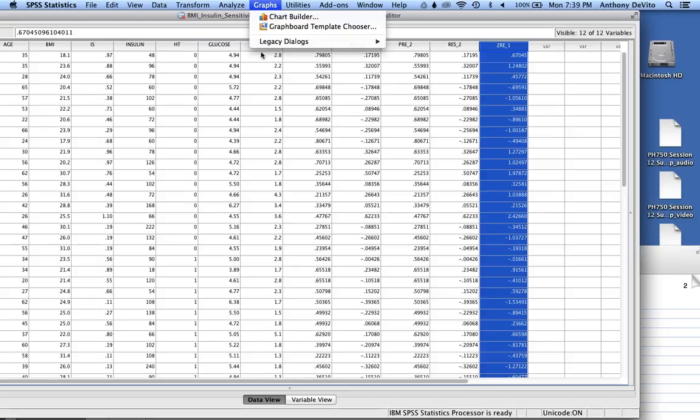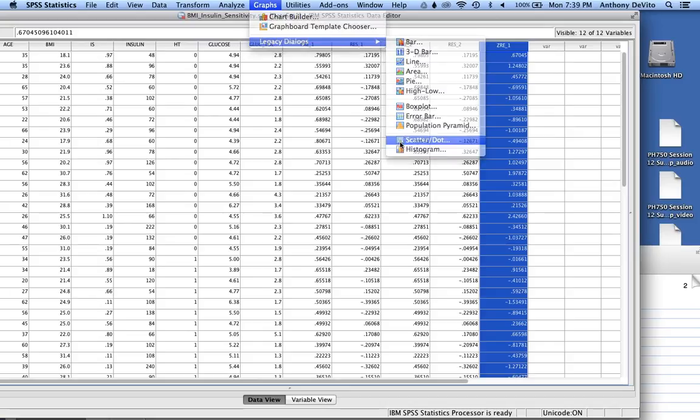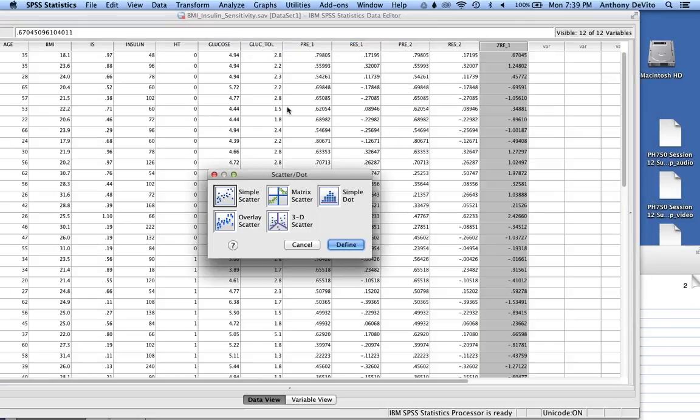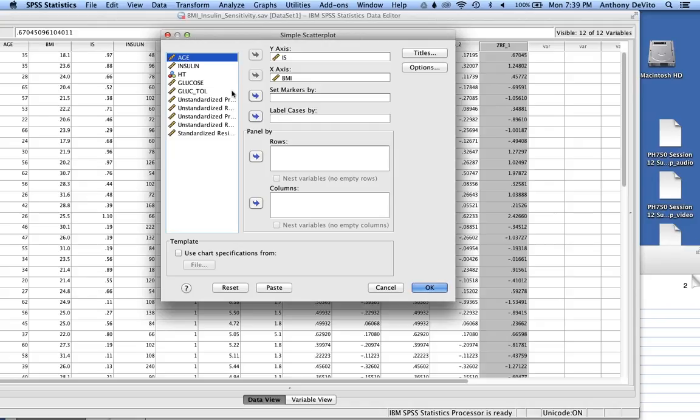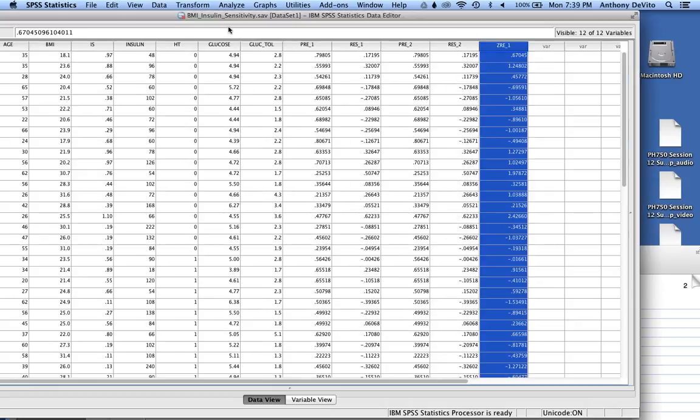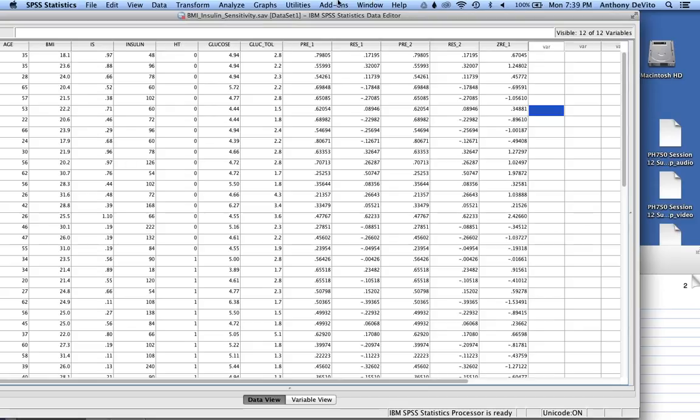I can do another graph here, scatter dot, and ask it to give me a distribution of the residuals, let's say, for instance, unstandardized. I'm not going to get into that because I'm just going to confuse you at this stage. And we're getting pretty late.